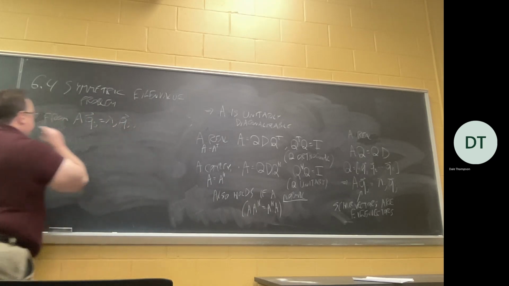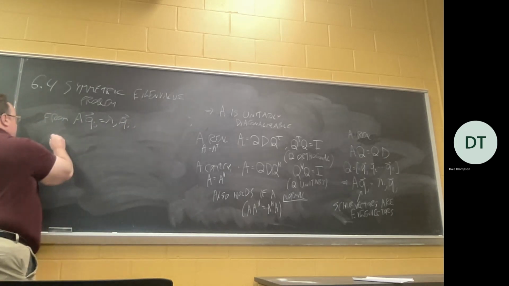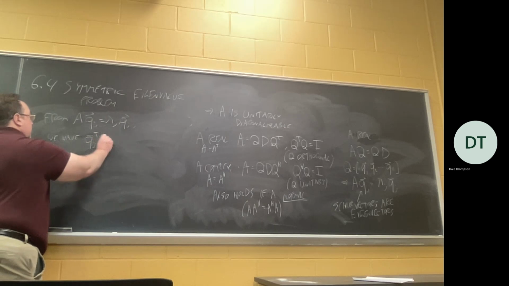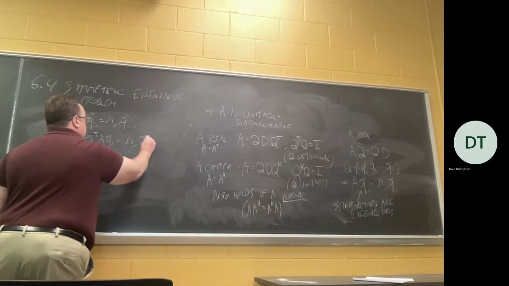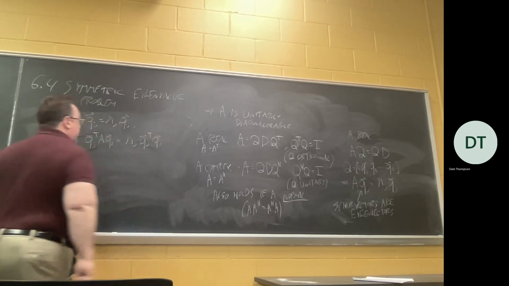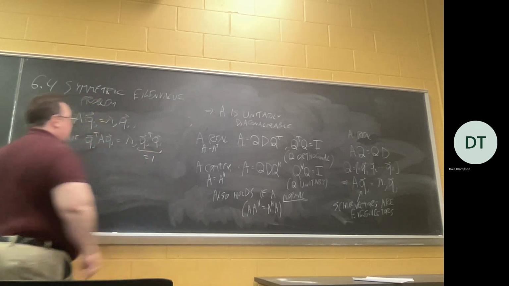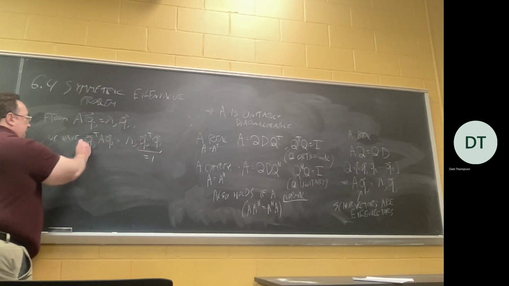If I take the dot product of both sides with Q_j, that's one, because it's an orthonormal set of vectors, so the dot product of Q_j with itself is one. So lambda_j is equal to this.